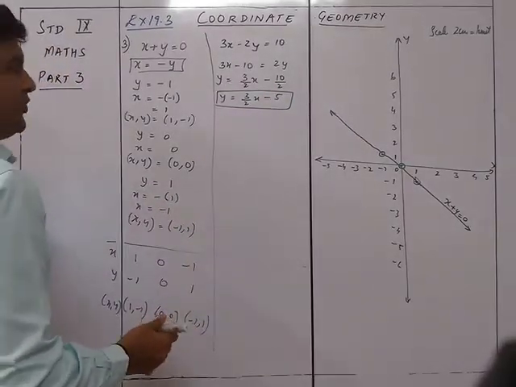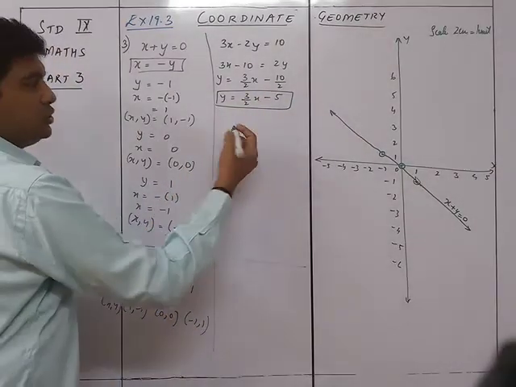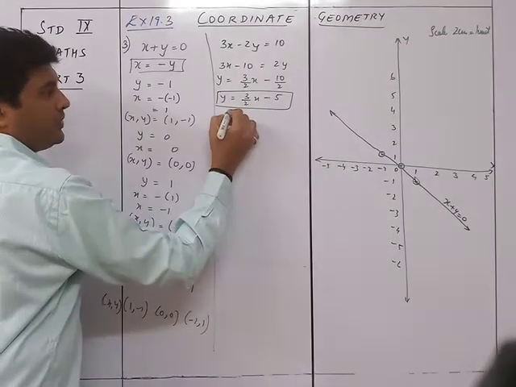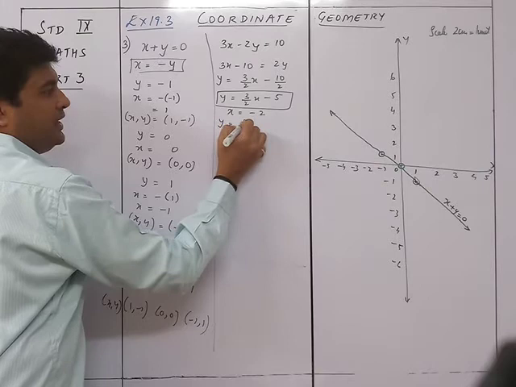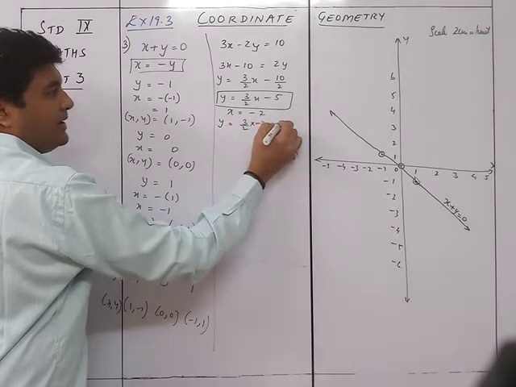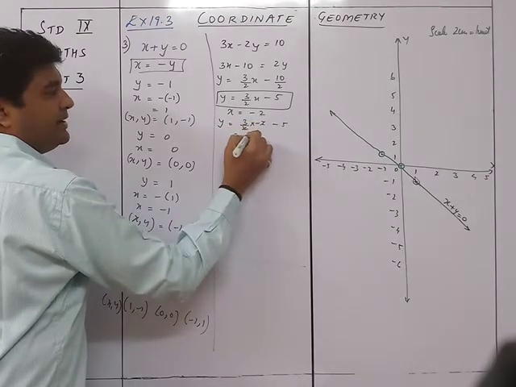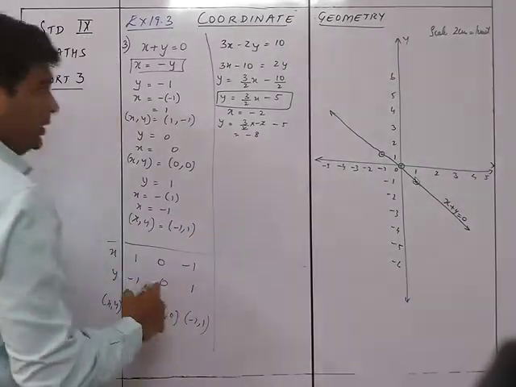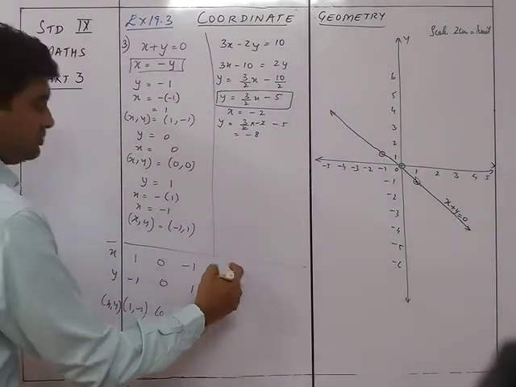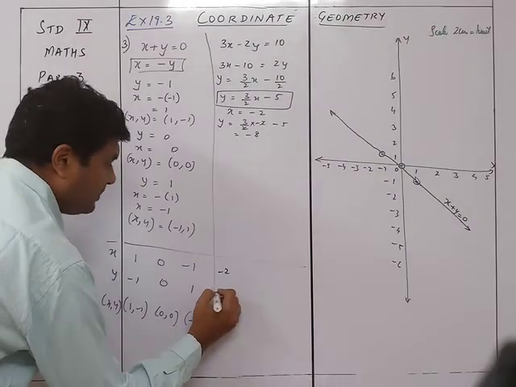We'll take the values of x to be multiples of 2. So if x equals minus 2, then y equals 3 upon 2 into minus 2 minus 5. So that will be minus 8. So if x is minus 2, y is going to be minus 8.